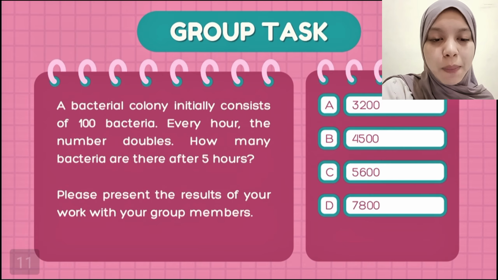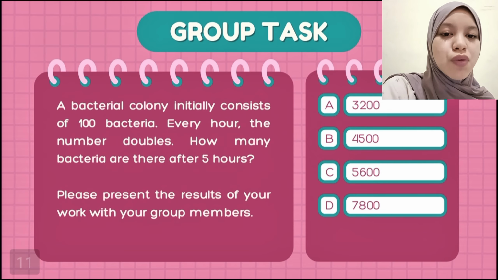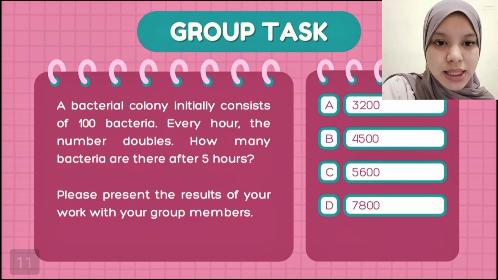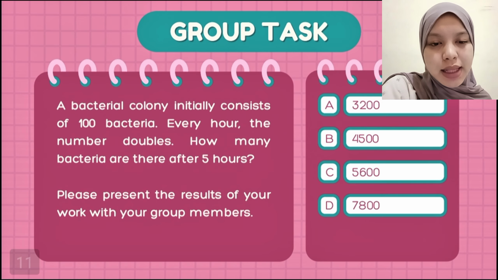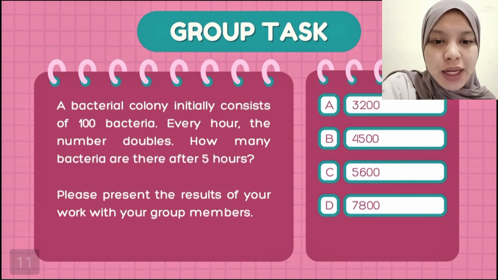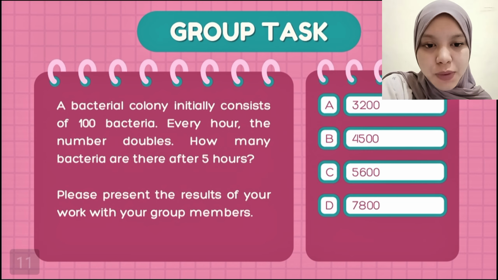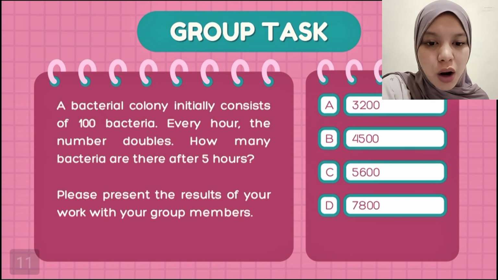To find the number of bacteria after 5 hours, we use the geometric formula. The formula is read as u sub n equals a times r to the power of n minus 1. Now we substitute the values. u sub 6 equals 100 times 2 to the power of 5.